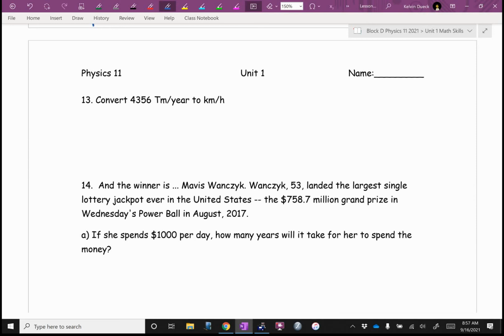Write down what they gave. Do you want to try this one on your own? I'll do it up here silently. If you get stuck, look up. I'm going to get rid of the tera and turn it into kilometers first, and then I'm going to change the year into hours next, in case you're wondering my order.